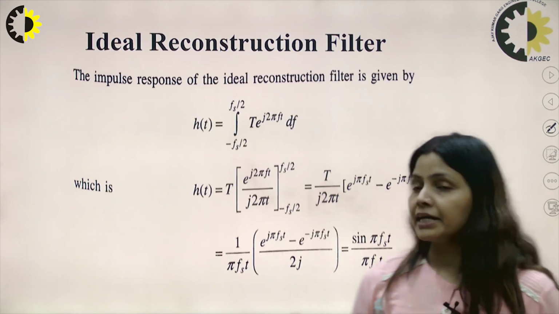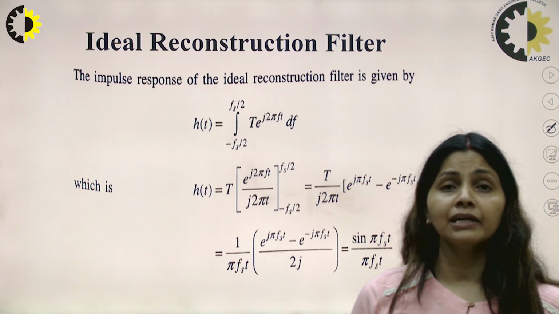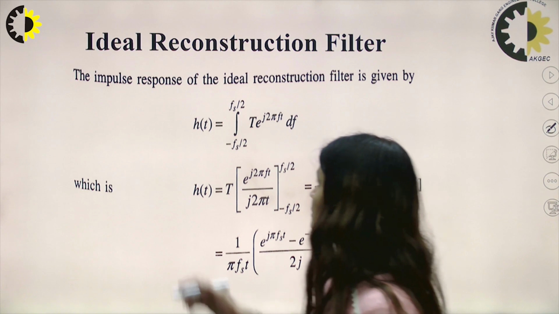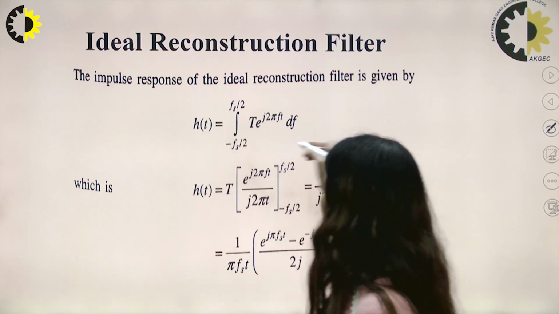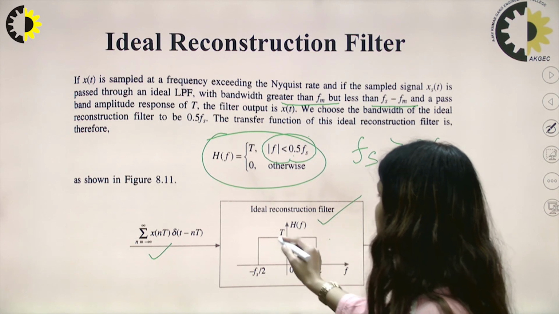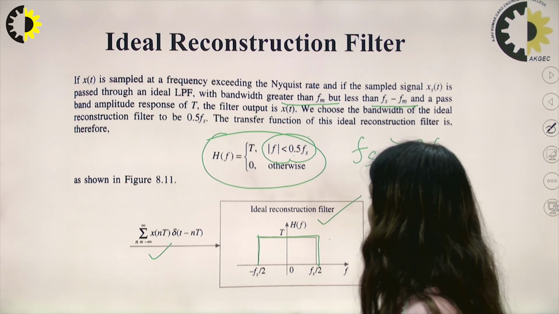Now, understanding the impulse response of the ideal reconstruction filter. Since I know H of omega, this is the amplitude, which I have taken as T. Why have I taken this amplitude? Let me answer.